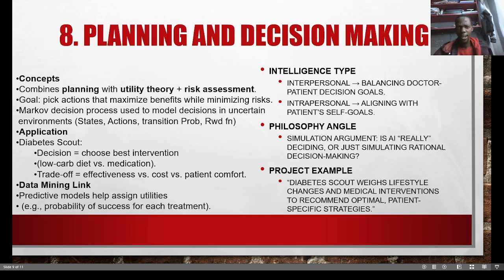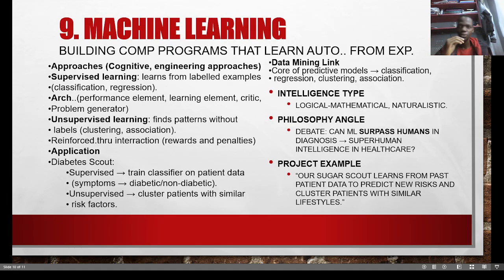Yeah, I want to summarize. Of course, time is not on our side. So our last module is about machine learning, and this is about building computer programs that learn automatically from experience. Of course, we have mainly two approaches: the cognitive and the engineering approaches. The cognitive is about modeling the human mind, machines that can reason and think the same as humans do.